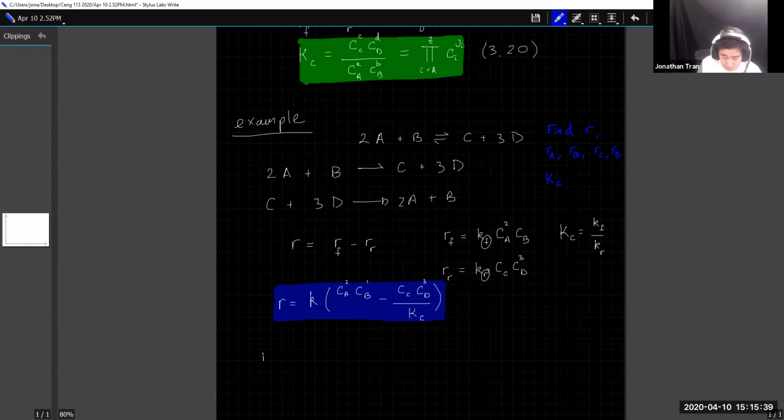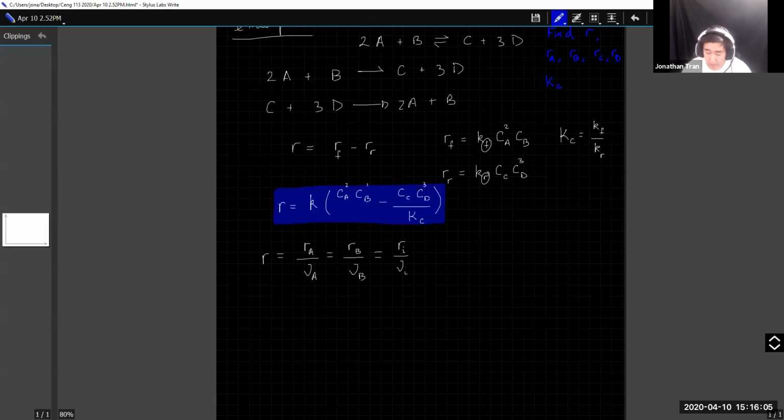Previously we learned that the rate of the overall reaction is related to the rate of the individual species by their stoichiometric coefficient, so it looked like something of this form. In the general case, you can write it as R_i divided by nu_i, of course. So writing this out is relatively easy.